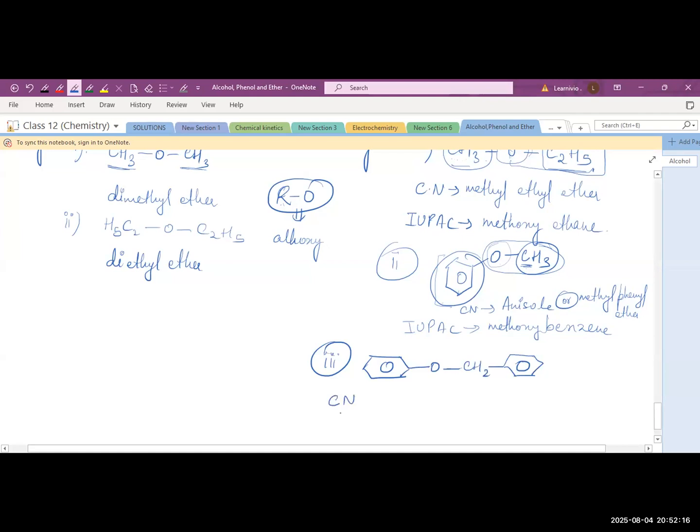First, let's talk about the common name and then the IUPAC name. This is your phenyl ring, right? And this is your benzyl. So how do we write the common name?